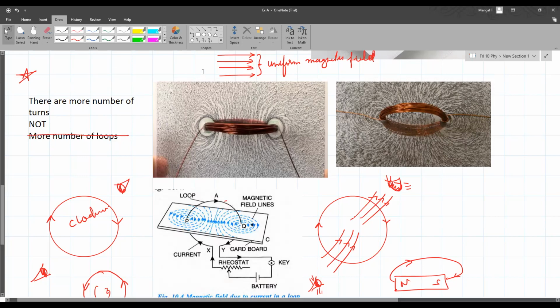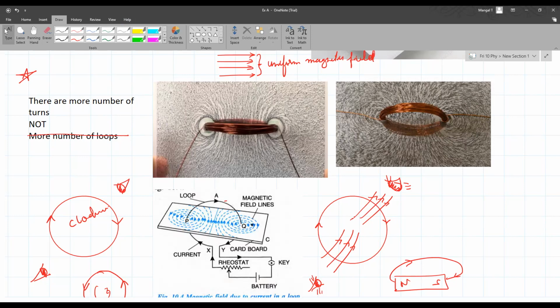Okay. Now what we are going to study is another important part, which is called a solenoid. So now you have seen this particular number of turns, but if those number of turns are arranged in the following way, I'll show you that diagram, then it is called a solenoid. So how does a solenoid look like?